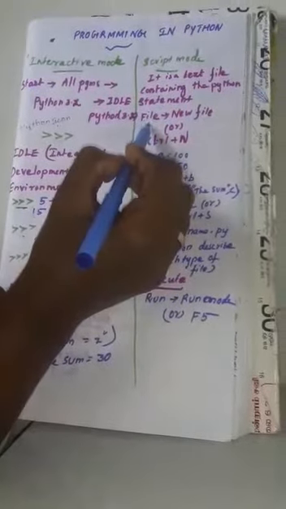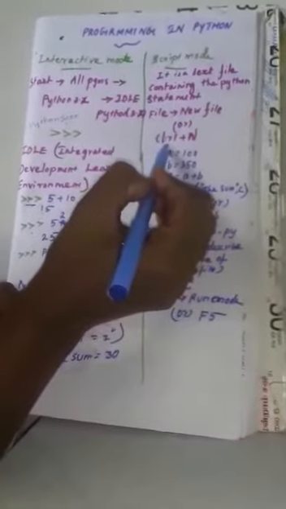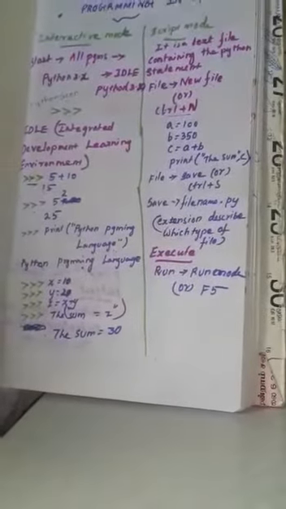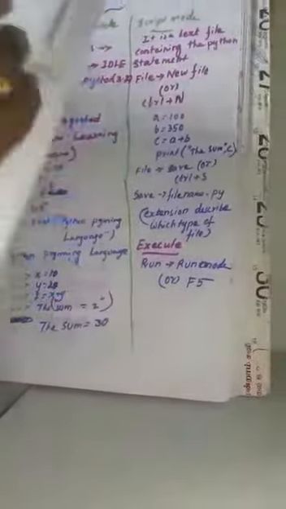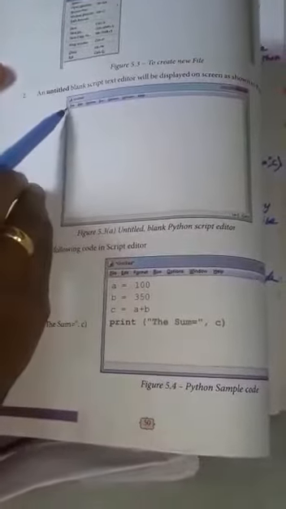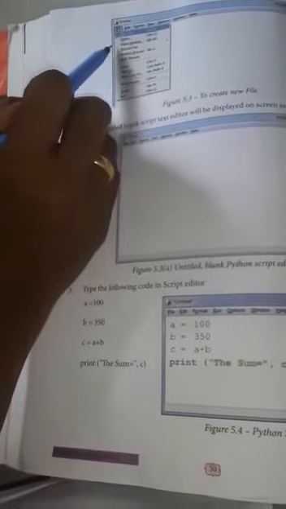Next, click the File menu and select New File, or the keyboard shortcut is Ctrl plus N. Now the Python script mode window is displayed. This is the title bar, untitled, and this is the menu bar.